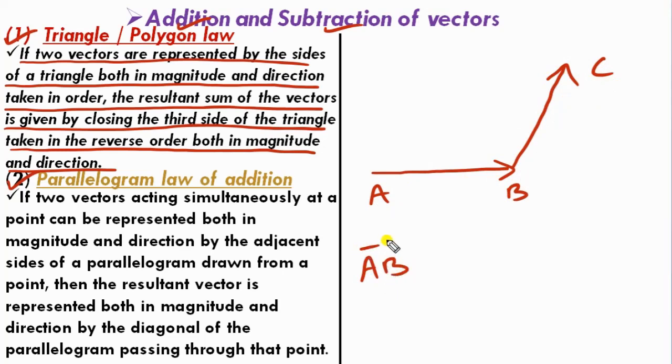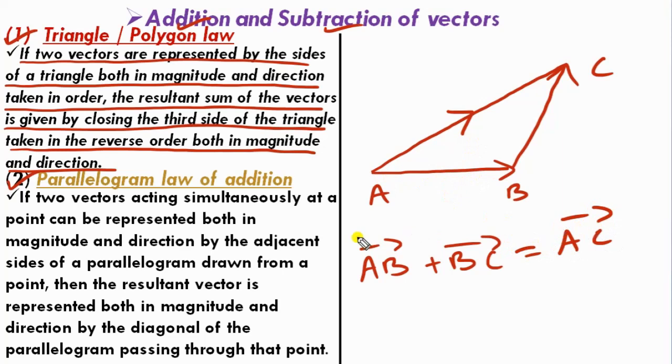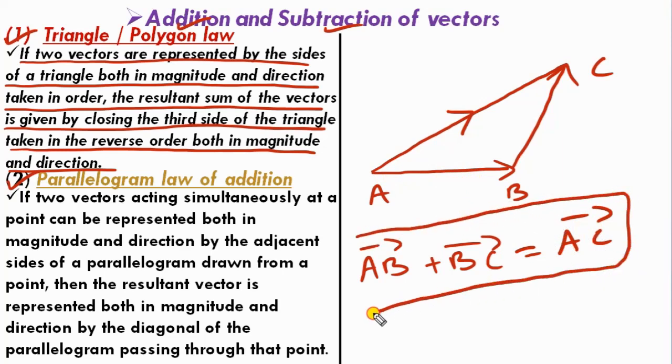Then the result of the addition of these two vectors, which we also call the resultant, would be represented by the third side of this triangle, and the direction of the resultant would be in the reverse order. We were going from A to B and then from B to C, so the direction of the resultant would be not from C to A but from A to C. So vector AB plus vector BC is equal to vector AC. This is what the triangle law of vector addition states.